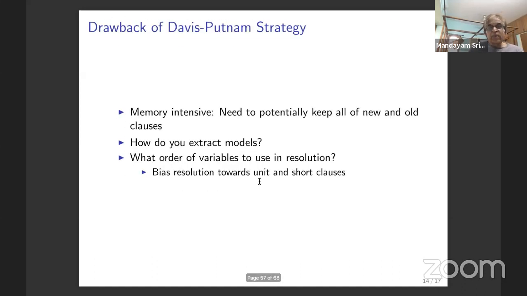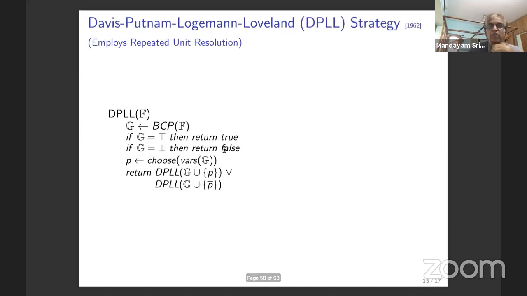That is the idea behind the next version of the decision procedure, which is very important that you understand, because even to this day, state-of-the-art modern SAT solvers only use this DPLL procedure.